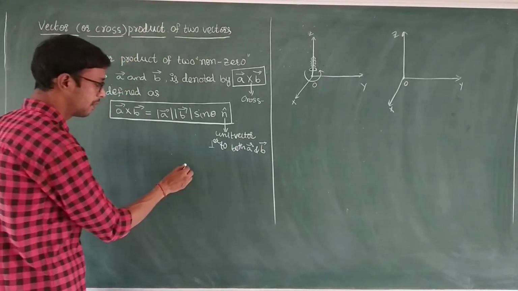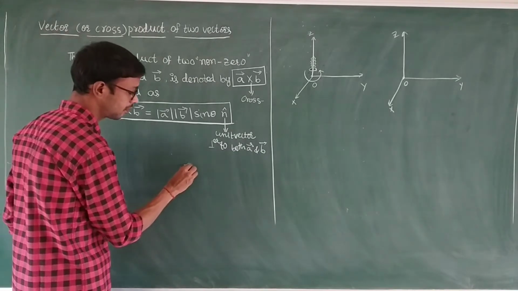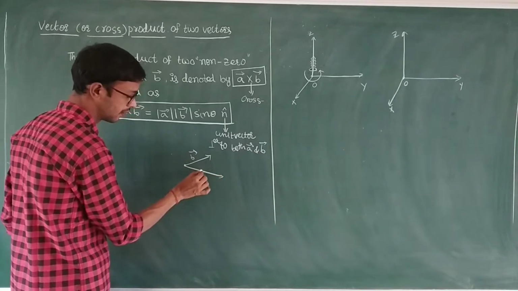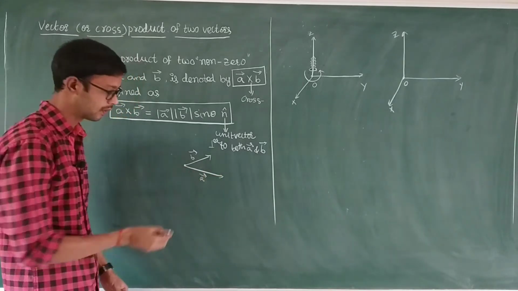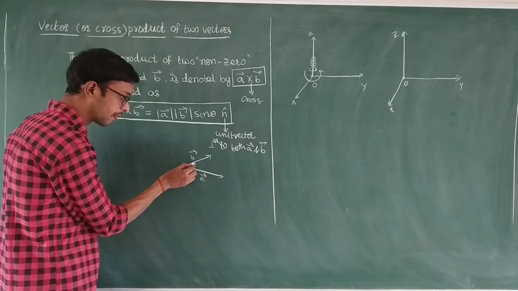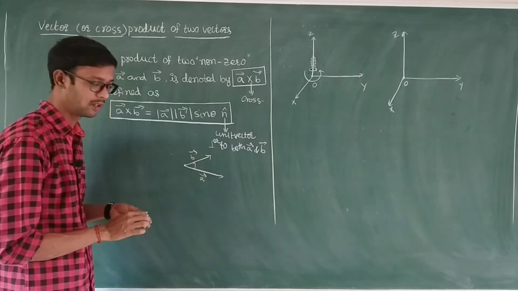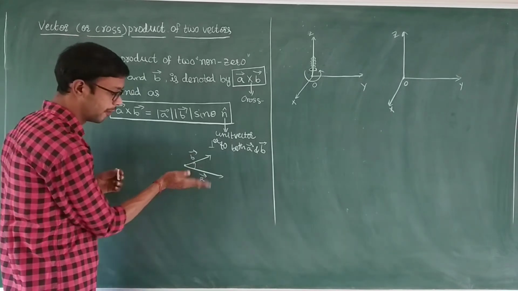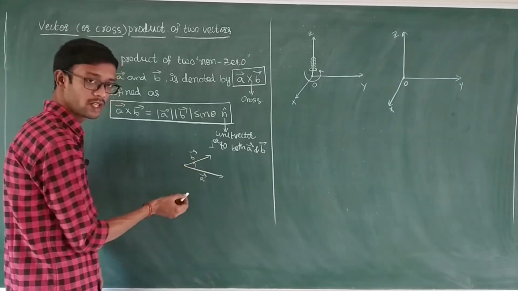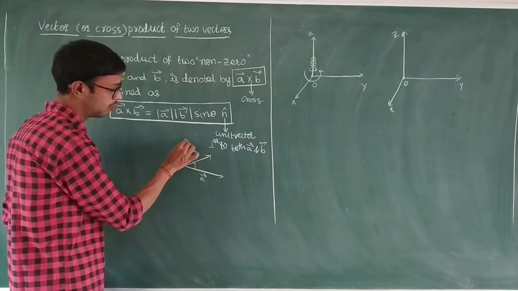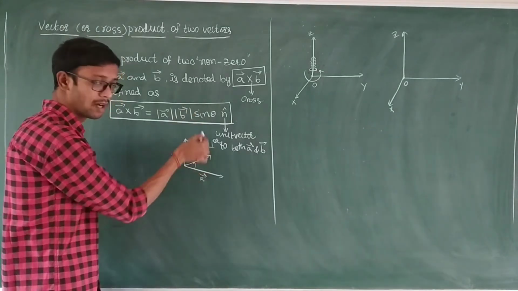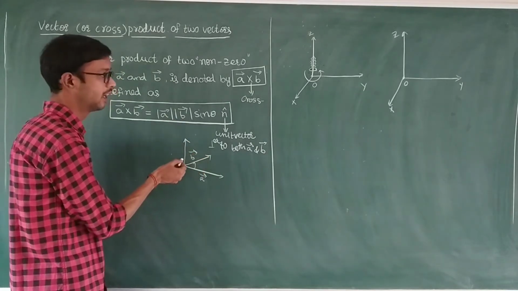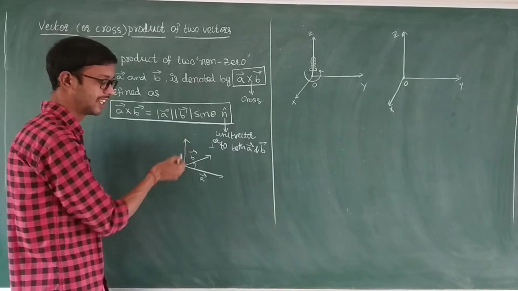You can observe this in the diagram. Here is A bar and this is B bar. If you rotate in the right-handed system from A to B, the resulting direction is perpendicular to A bar and B bar, like the z-axis when rotating x to y.